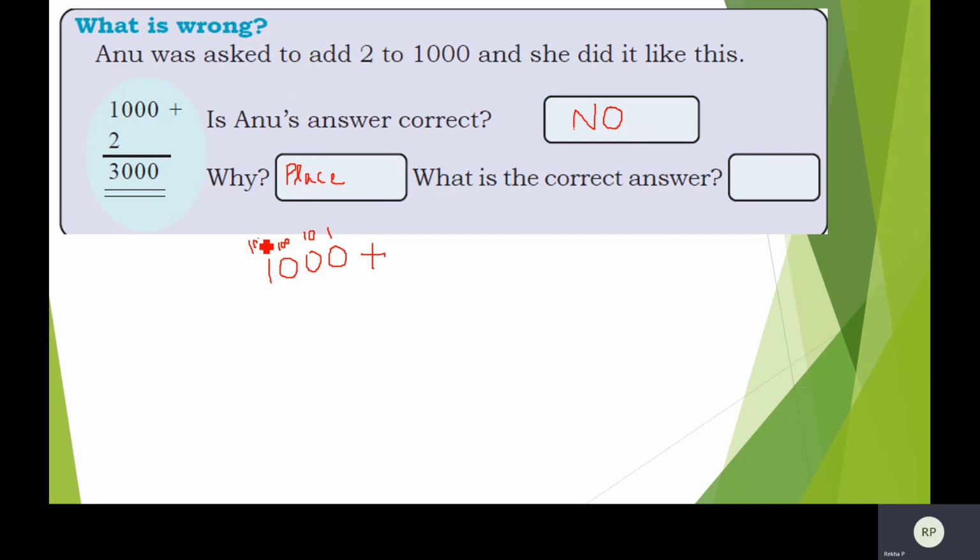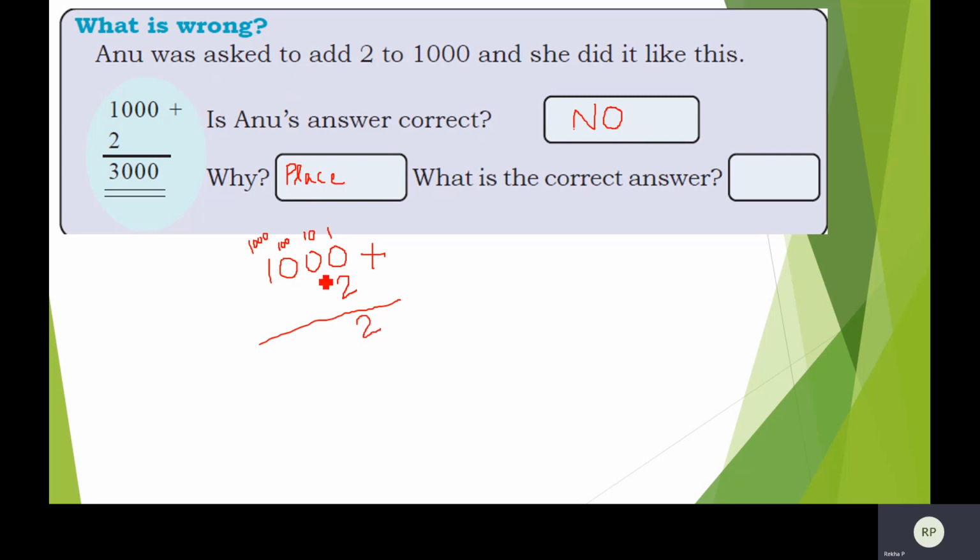So these are all the place value chart. Now we have only the one digit number, which is in the ones place. So you have to write 2 here when you add, in the right place. Now you have to add these two values, 0 plus 2. What will you get? You will get 2.